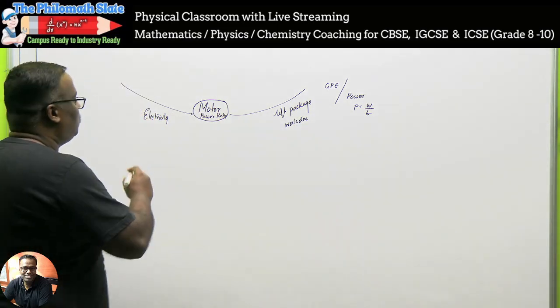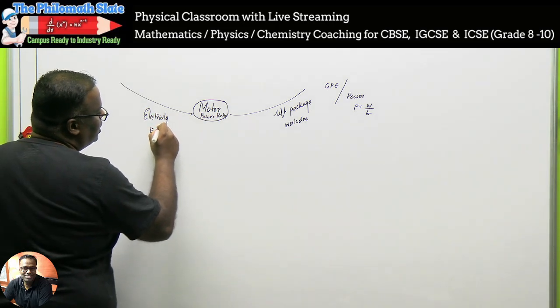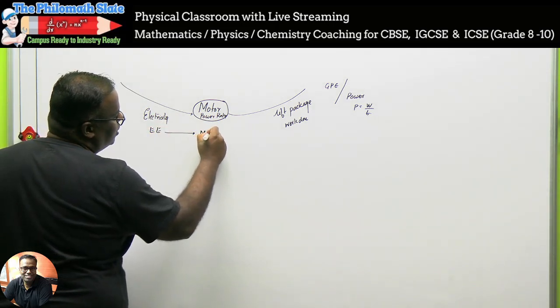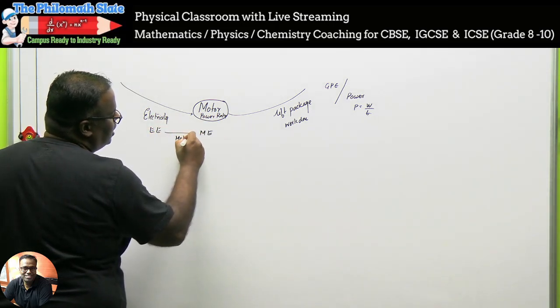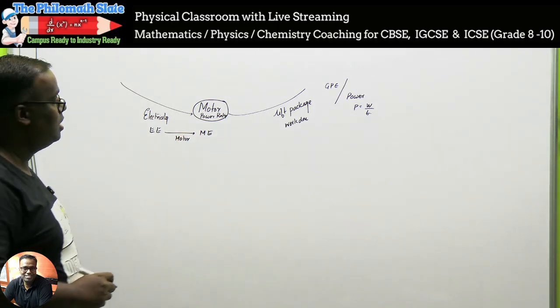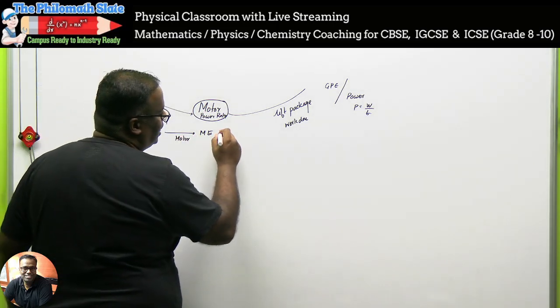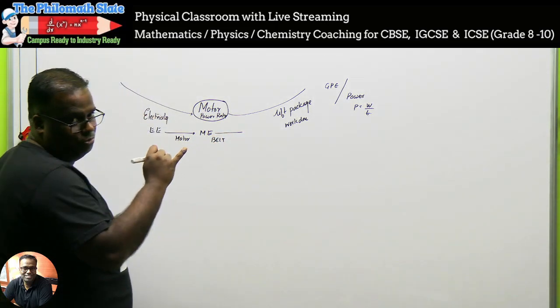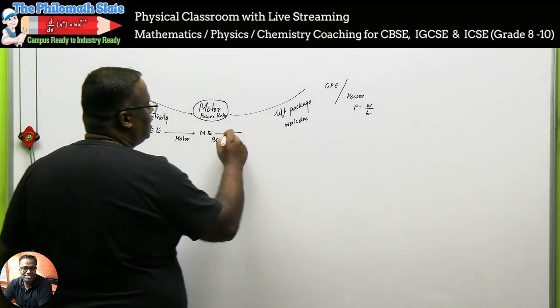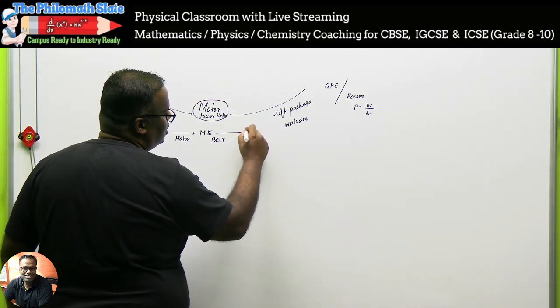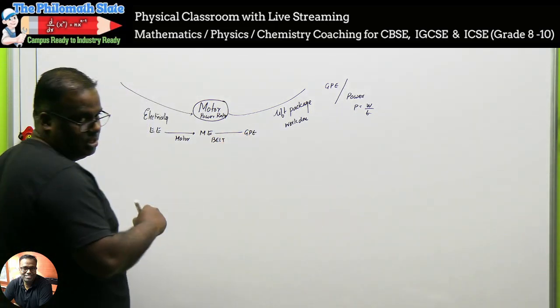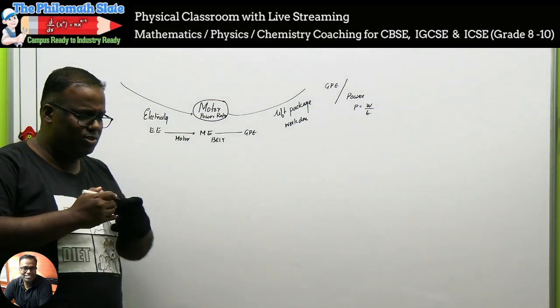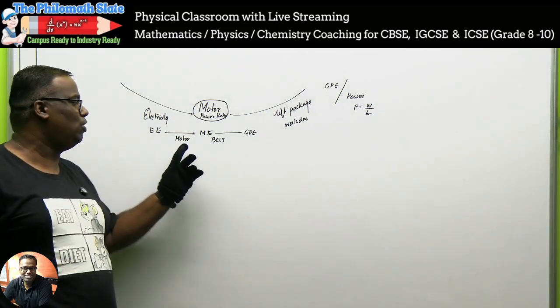First of all, electrical energy is being converted to mechanical energy by the motor. That means this is the belt, the movement of the belt. And the belt is finally converting the mechanical energy into gravitational potential energy.